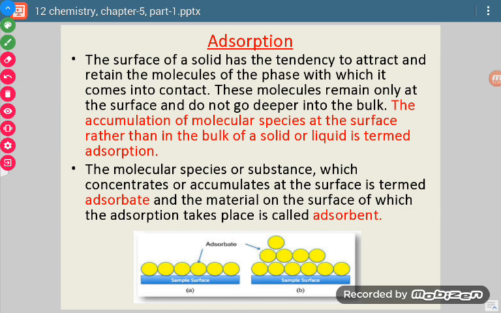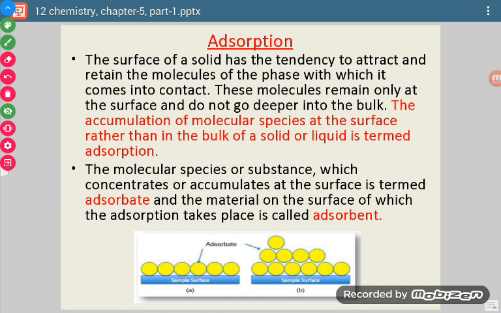Okay, the surface of a solid has a tendency to attract and retain the molecules of the phase with which it comes in contact. Now just like we did now, that gold piece was there and it was in touch with the air around it. So gold surface has the tendency to attract the gas molecules towards its surface.